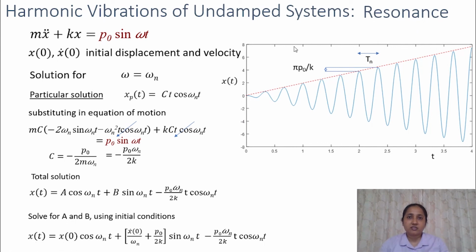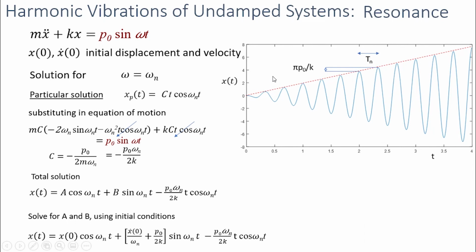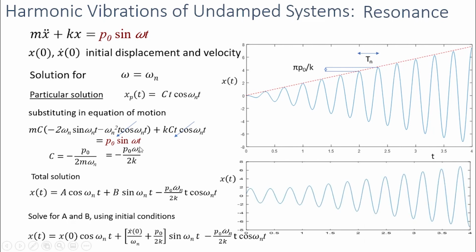So, for undamped systems at resonance, the response grows unbounded, and that happens when the forcing frequency is equal to the natural frequency. Now, let us see the response when the initial conditions are non-zero. If you see the initial part of this vibration, this response is not growing as it grows when the time is high.